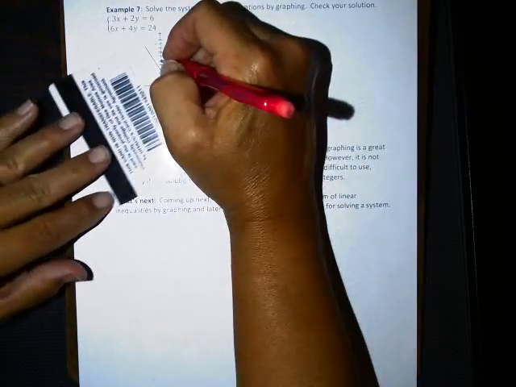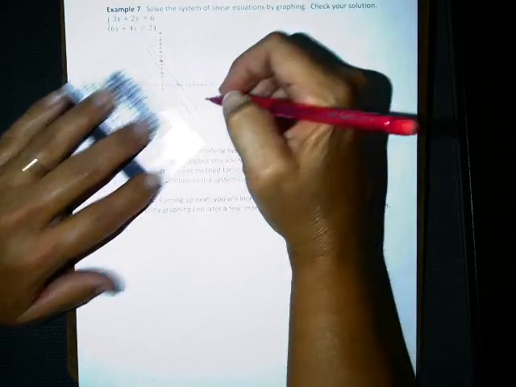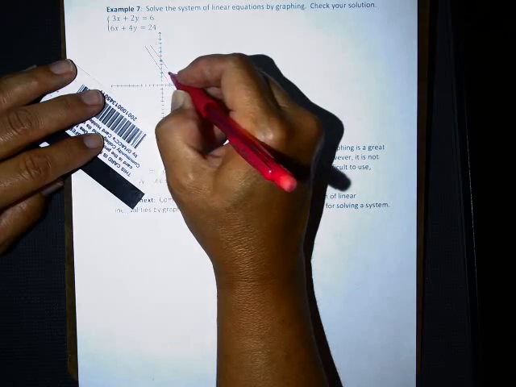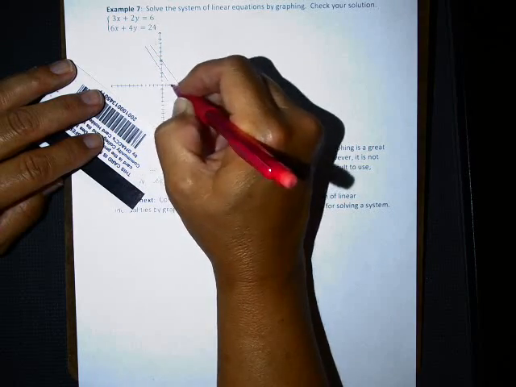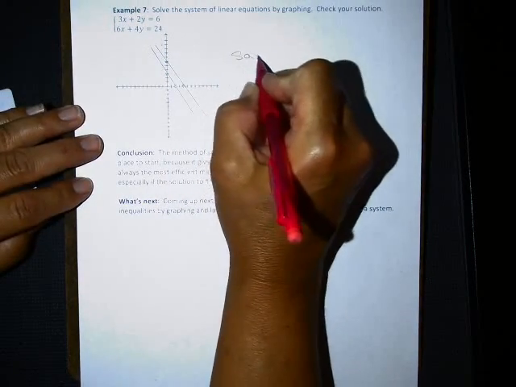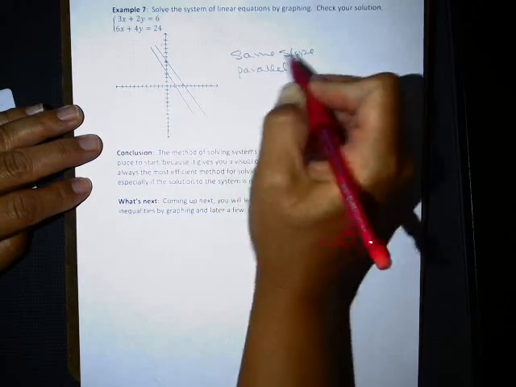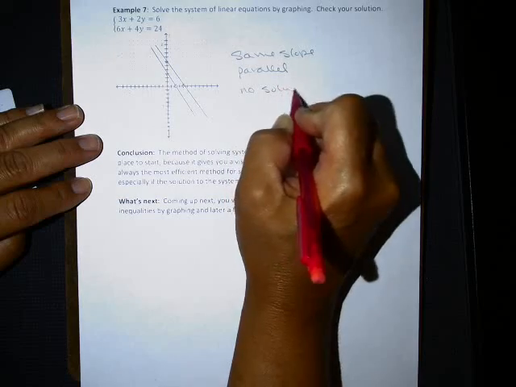So you can see again that this is one of those special cases where the lines are actually going to be parallel. So it goes down 3 over 2, down 3 over 2, down 3 over 2. They have the same slope. So they're parallel, which means they never intersect.